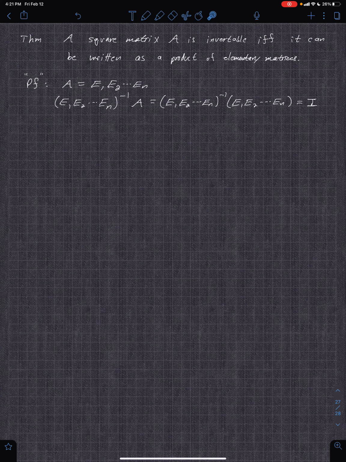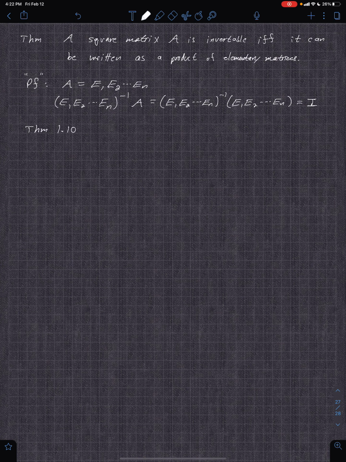Okay. Last thing before we stop and move on to finishing 1.5 is this theorem. This theorem is 1.10. This one we will go through in detail.